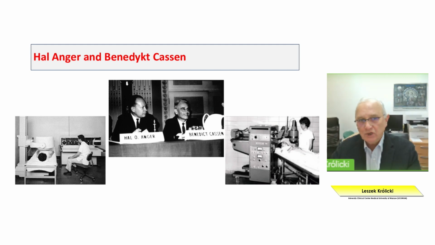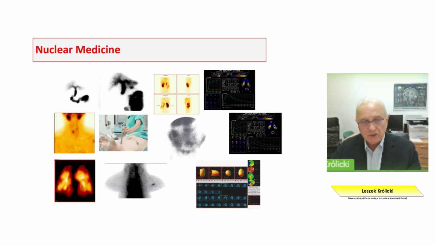Then there were another 50 years to develop practical implementation in imaging. This is Hal O. Anger, who constructed the first gamma camera, and before him there was Benedict Cassen, who constructed a scintigraph. The differences between these two apparatus do not have to be explained to you. The consequence was nuclear medicine, which provides imaging of various types of organs and diseases.